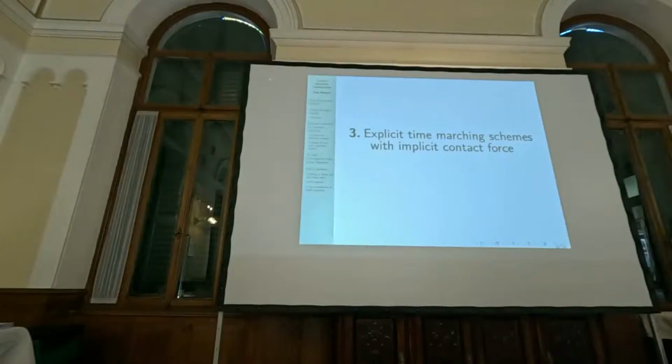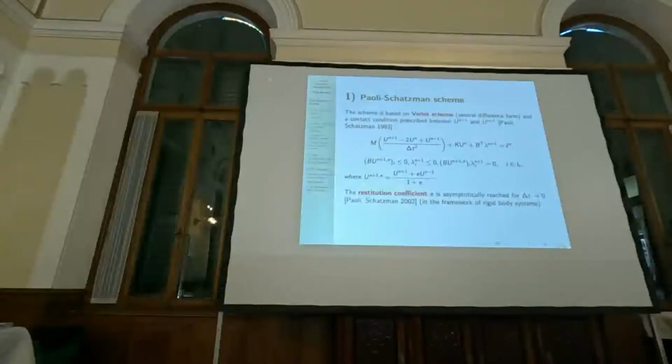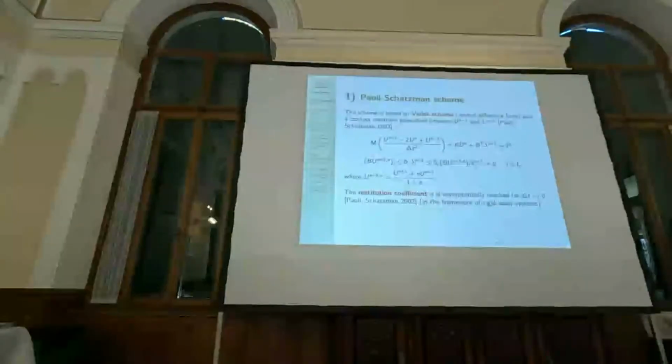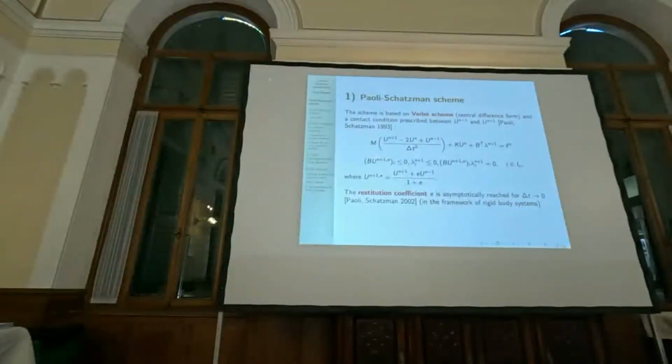This is a classical thing. First, maybe with the penalty method. With the penalty method, you can use standard explicit schemes, such as a central scheme. It works. And with a Lagrange multiplier method, the classical scheme is Paoli-Schatzman. It is based on the Verlet scheme, the central difference scheme.